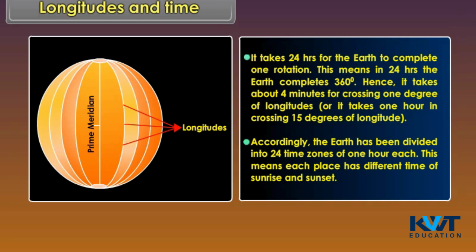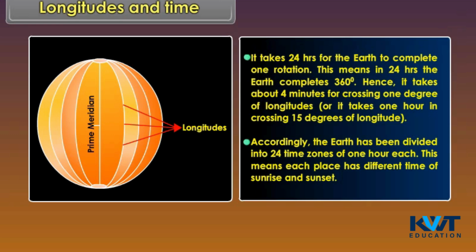This means in 24 hours the earth completes 360 degrees. Hence, it takes about 4 minutes for crossing 1 degree of longitude, or it takes 1 hour in crossing 15 degrees of longitude. Accordingly, the earth has been divided into 24 time zones of 1 hour each.